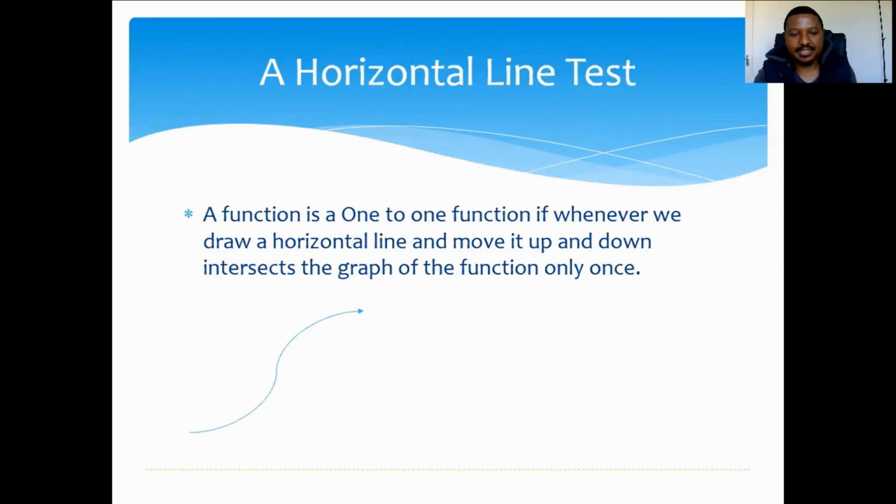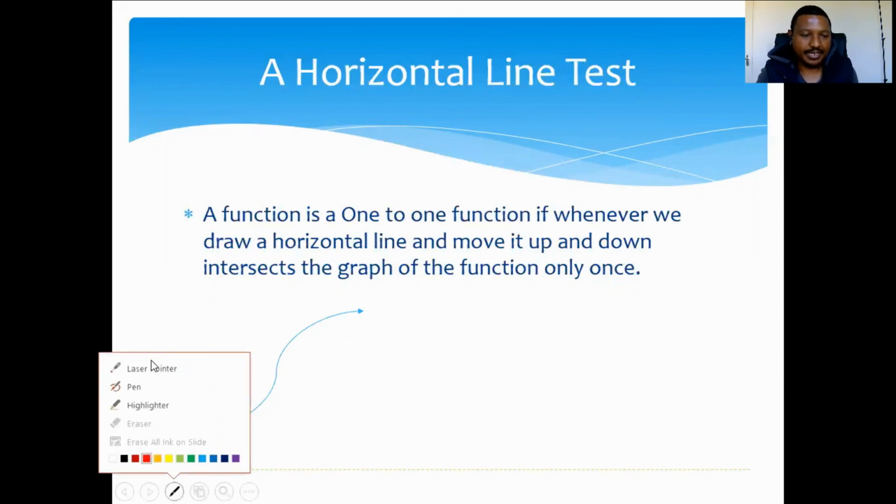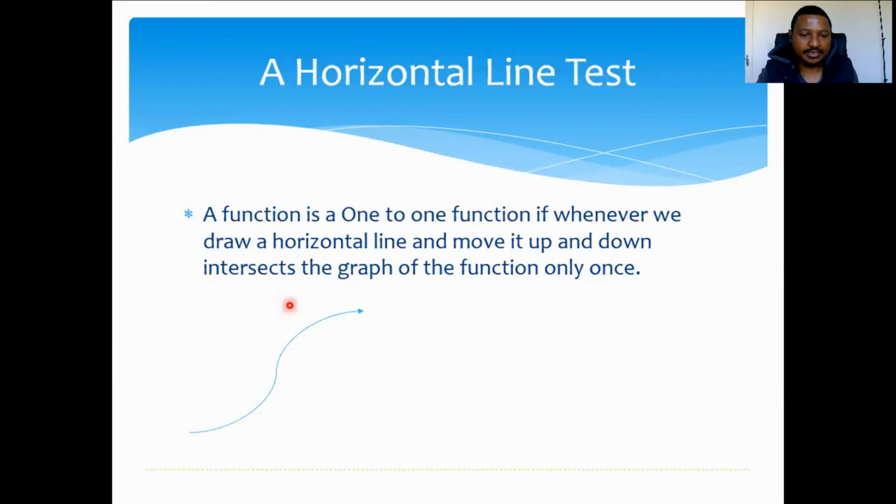So for instance, here we have these two examples. In that graph there, you can see it's a graph of a function by using a vertical line test. If we draw any vertical line on this graph, it will intersect at only one point.